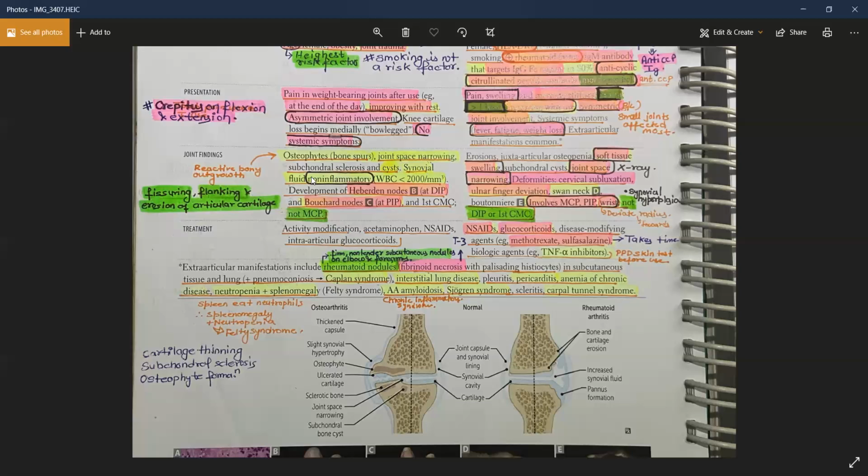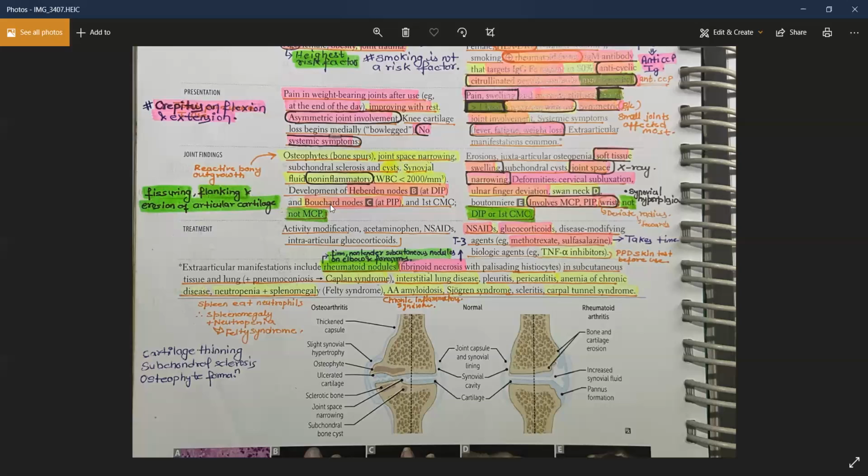Very important. And please note the joint involvements. These are the distal interphalangeal joints and the proximal interphalangeal joints. MCPs are not involved in osteoarthritis. Very important. If you encounter a patient with metacarpophalangeal joint involvement, then they are not talking about osteoarthritis. They are talking about rheumatoid arthritis.